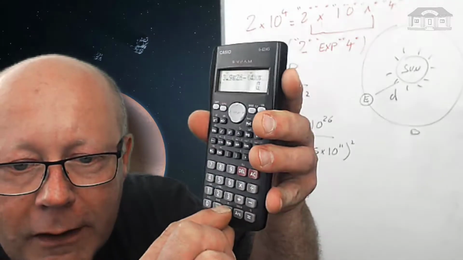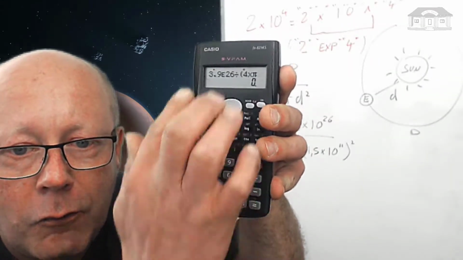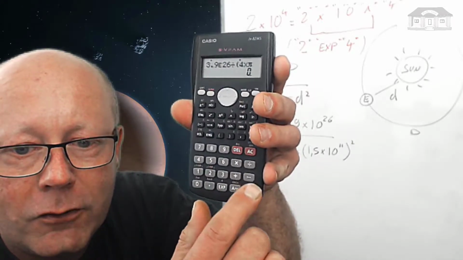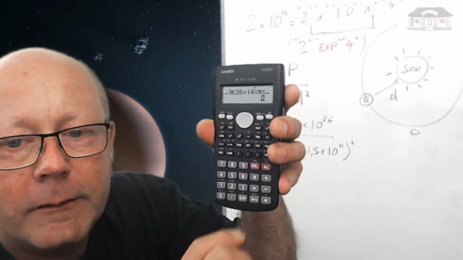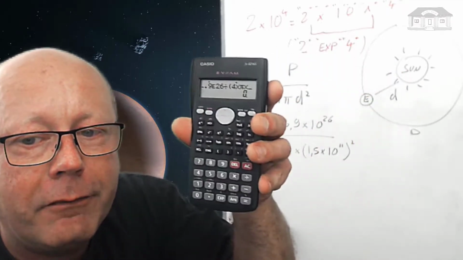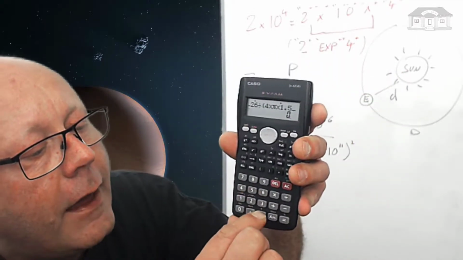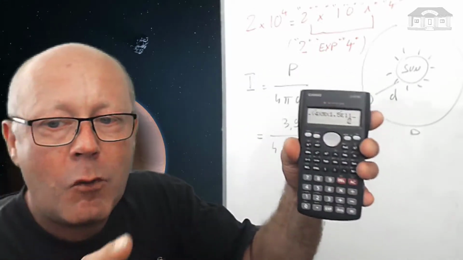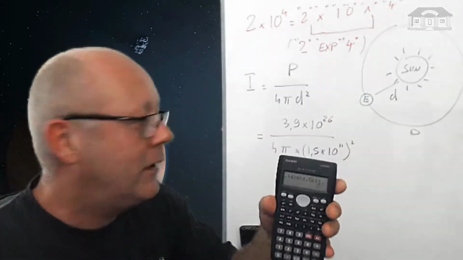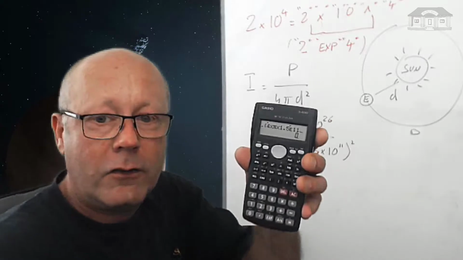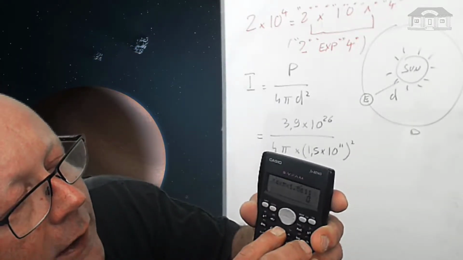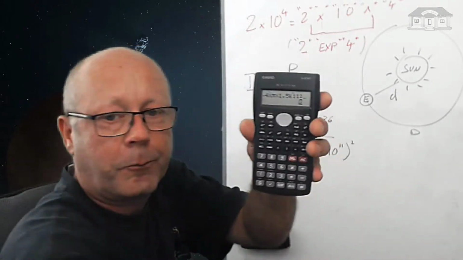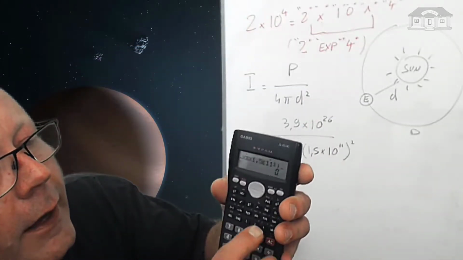When you press shift and then the button, you get the symbol on the top. Then multiplied by 1.5 × 10^11. Remember, when I put the exponent like this, it's like putting some brackets, so I can directly put the square, and the square will only apply on this part. And here we go.